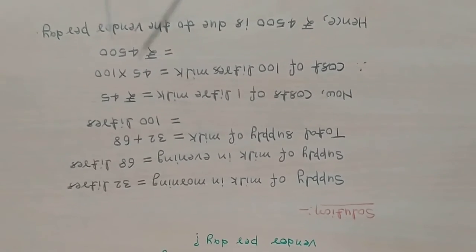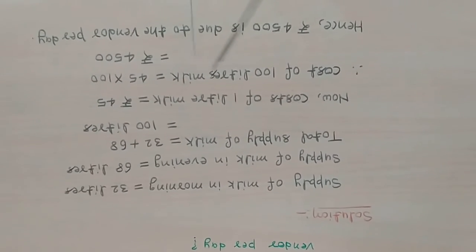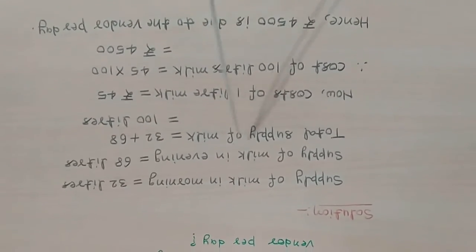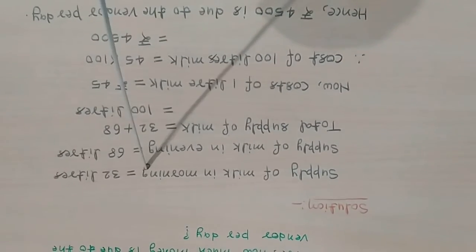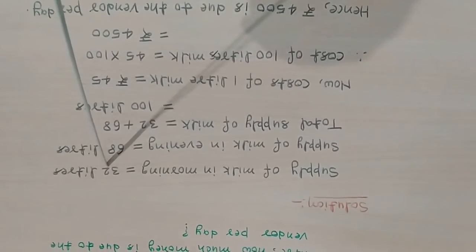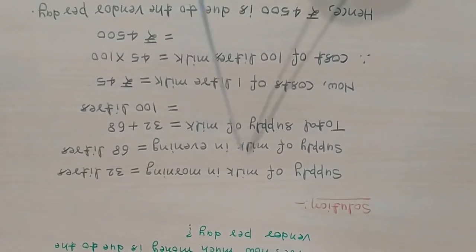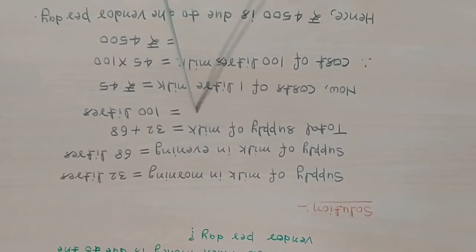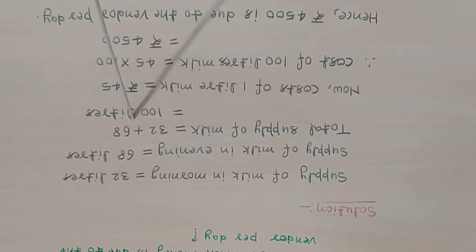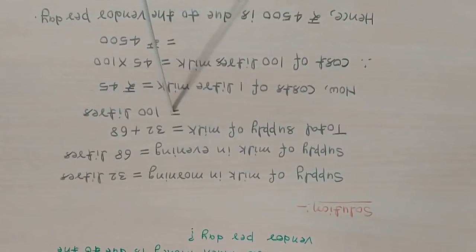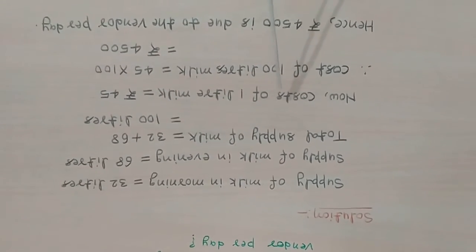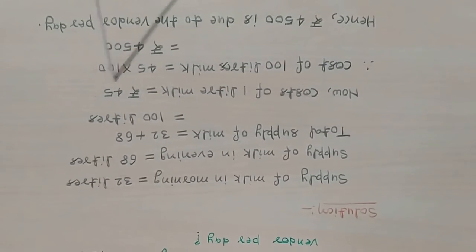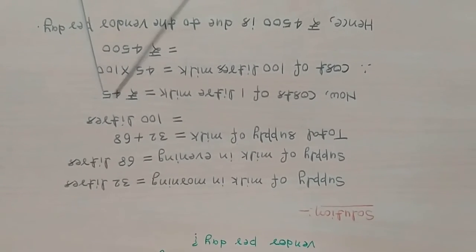This is your solution of question 6. Again, supply of milk in the morning 32 liters, in the evening 68 liters, total supply is 32 plus 68, which becomes 100 liters. The cost of 1 liter of milk is 45 rupees.